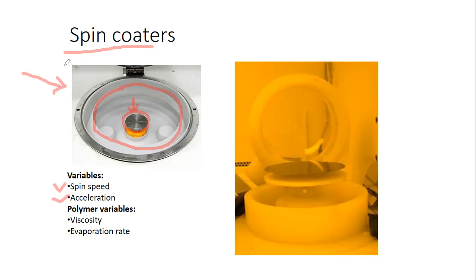This is the schematic image looking from the upward direction, and if you look at that particular image from the front side, the picture looks like this. This is the silicon wafer which is mounted onto that spin coater, and we can deposit a drop cast here in this way, and if we start the spin coater system, it rotates at a very high rpm, rotation per minute rate. So this is what the spin coating machine looks like.